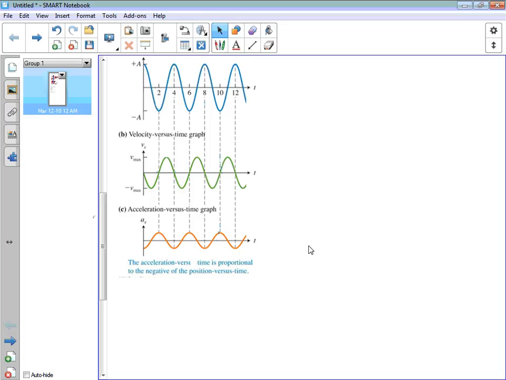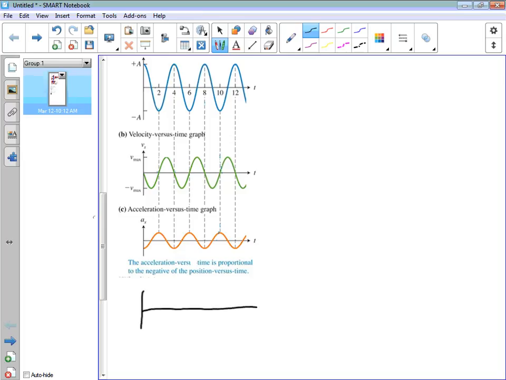Same as the acceleration in terms of type of graph. In other words, the acceleration, well, I'll just draw it, it's not going to be really beautiful, but it's okay. Trying to line these up reasonably well. Okay, so where does the acceleration start off at?